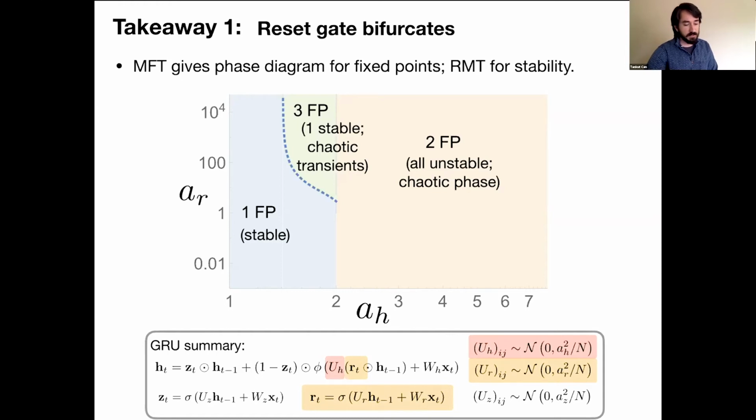In the blue region, the fixed point is trivial and stable, and all activity dies to 0. However, in the green region shown here, which is only accessible thanks to the reset gate, there's a proliferation of unstable fixed points, and this leads to chaotic transients, which eventually flow to a single stable trivial fixed point.